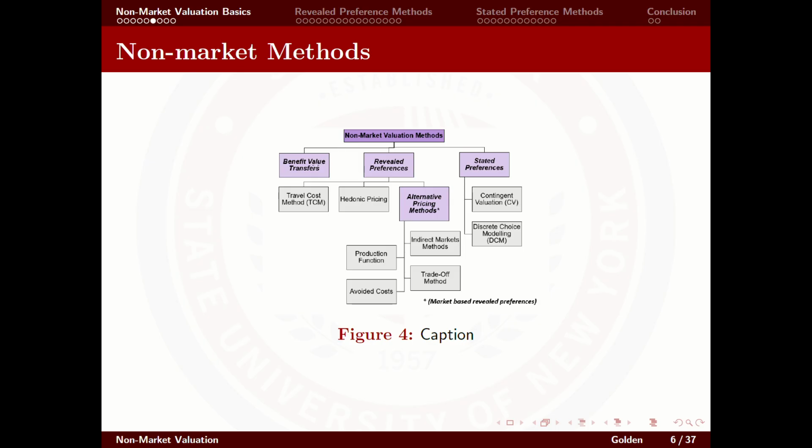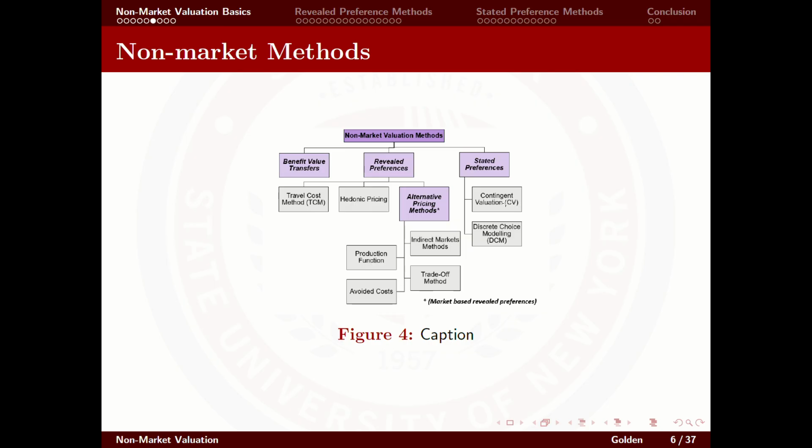there are several different methods to do this. The first is benefit value transfers. How much you would have to transfer to someone to make them give up the resource. Then there's revealed preferences through the travel cost method, the hedonic price method, and the alternative pricing methods. And then there's stated preferences, which includes contingent valuation, which is based on survey data.